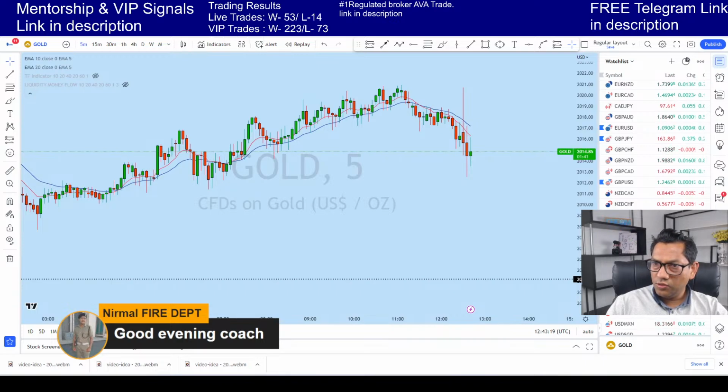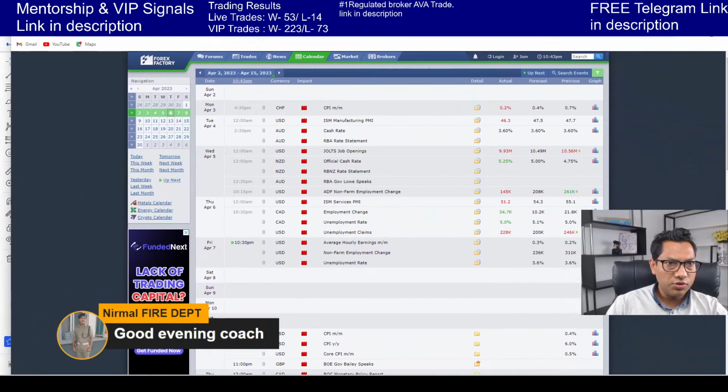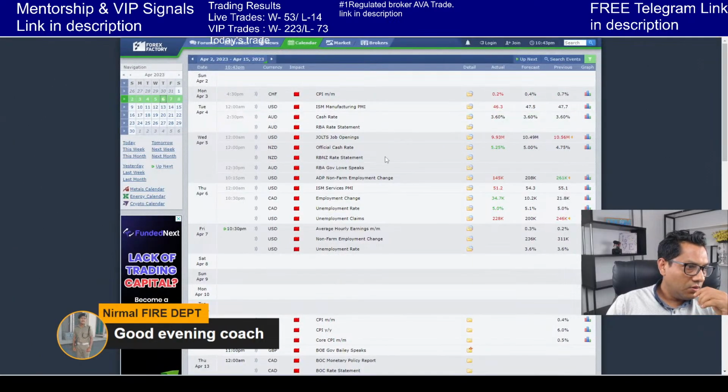So we see that news was released, so let's look at the news. We'll find some idea of what might be happening. CAD had an employment change of 34.7, way more than expected. So CAD got stronger. The unemployment rate was also better than expected, so CAD positive news.